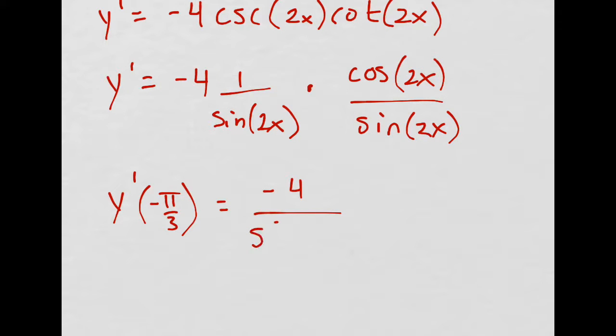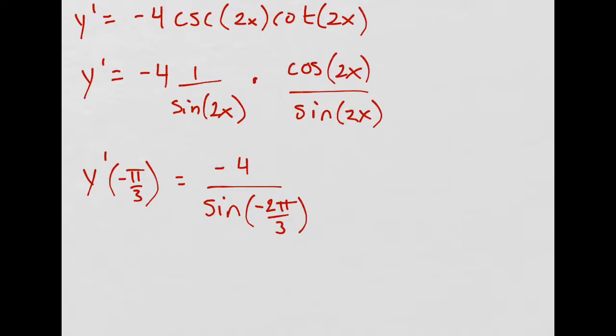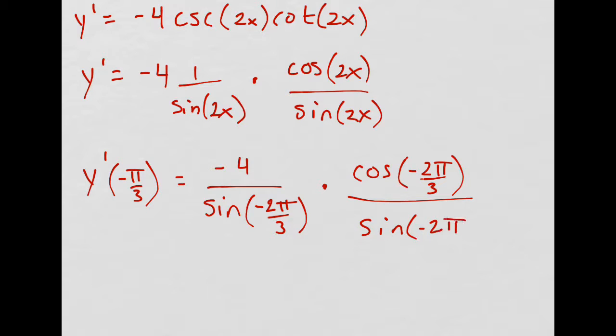And then sine of, well, if I plug this in there, I just get negative 2 pi over 3. So I've got to figure out what sine of negative 2 pi over 3 is, and then cosine of negative 2 pi over 3, and again sine of negative 2 pi over 3. So that's what I've got to figure out now.